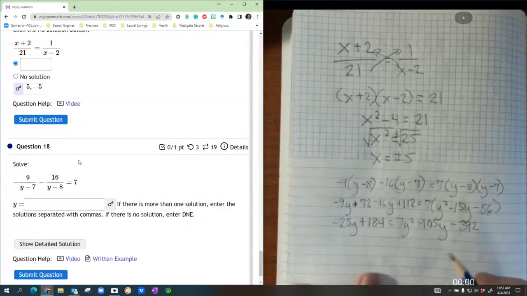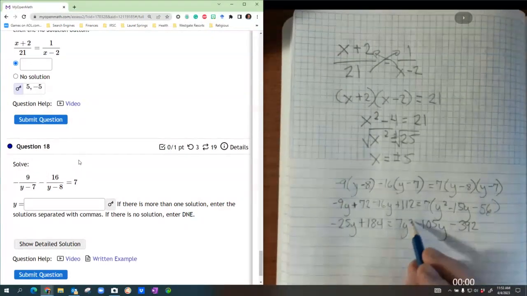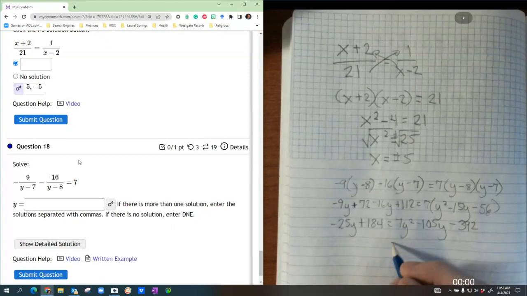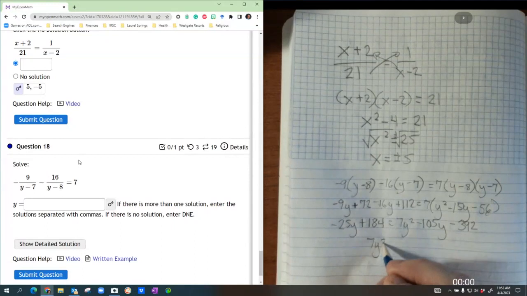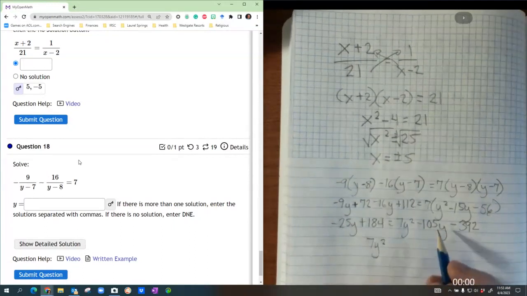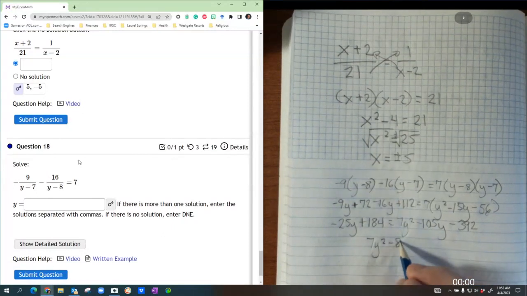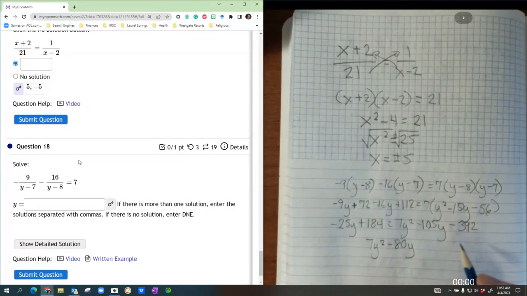All right. Since this is the leading coefficient and it's positive, I'm going to bring everything to the right. So I'm going to get 7y squared, and then I'm going to bring this over and add it together. That's going to give me negative 80y.